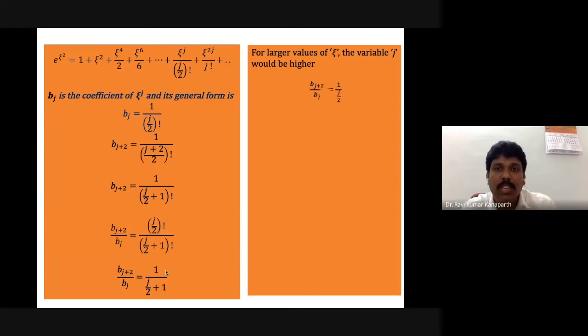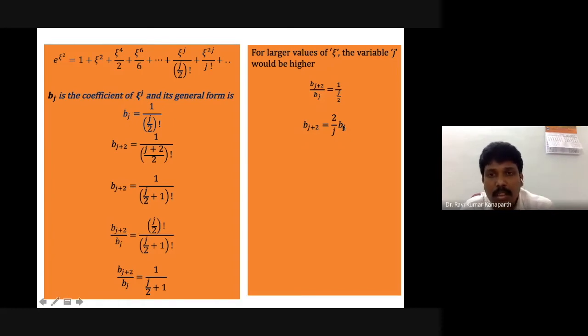Essentially, bj plus 2 by bj is equal to 1 over j by 2, that is, bj plus 2 is equal to 2 by j times bj. The 2 by j goes to the numerator, and bj you can move to the other side. So we have a recursion relation now: bj plus 2 is equal to 2 by j bj.